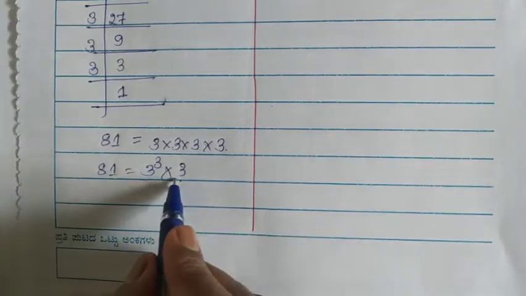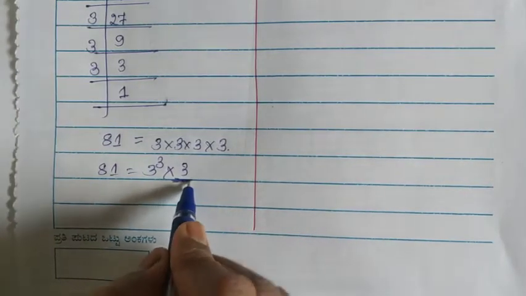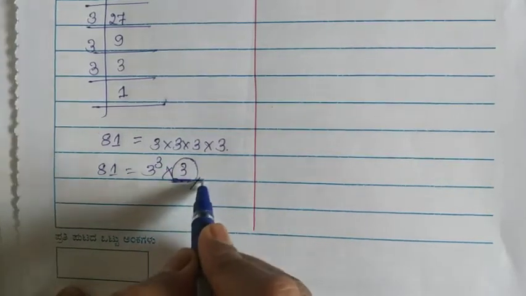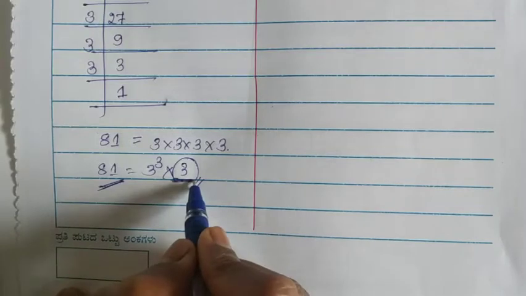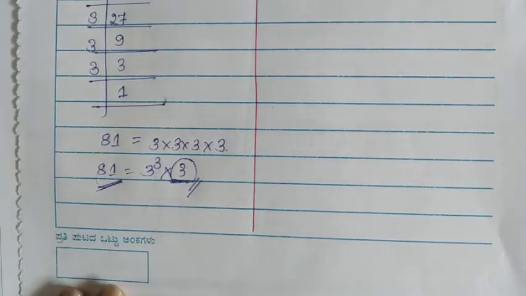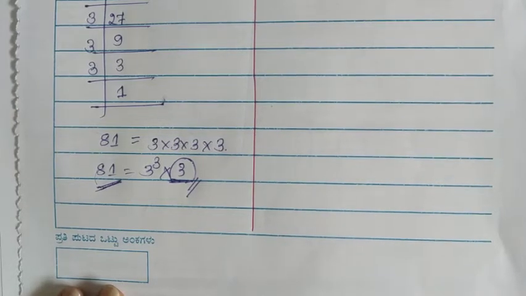See children here, 3 is extra, you know. This 3 is the extra number. That's why the given number is divided by this 3. The quotient gives a perfect cube. The quotient is a perfect cube.